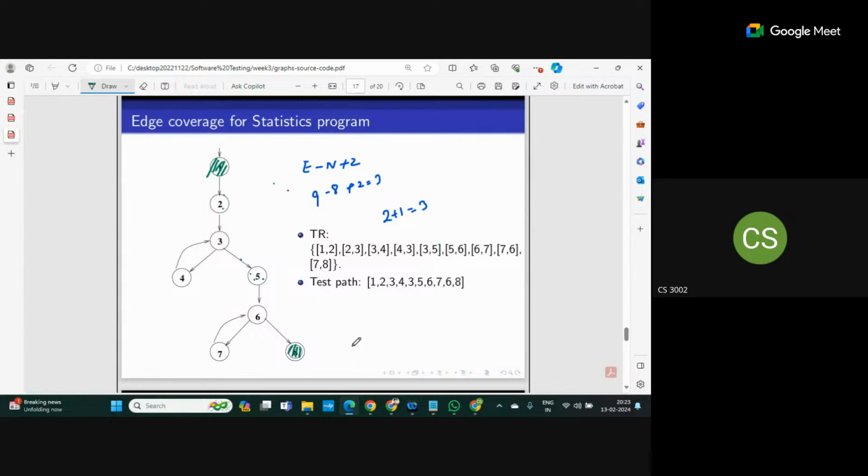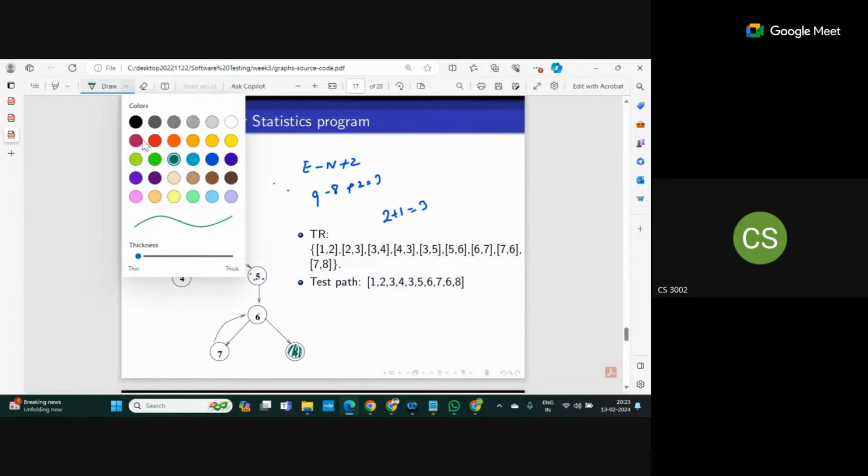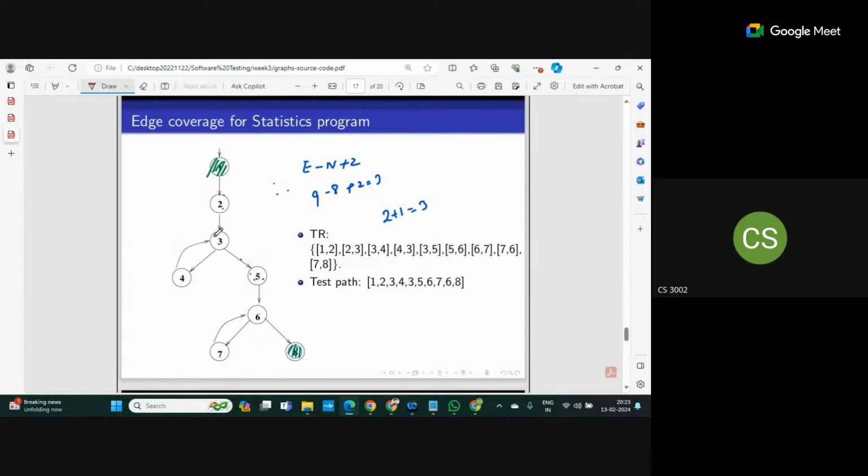It says any node where you have two outgoing edges, or two incoming edges, he's considering these as decision nodes. So this is two outgoing edges. This is two outgoing edges, right? So these are also included.